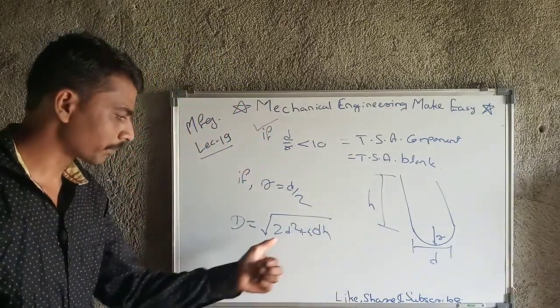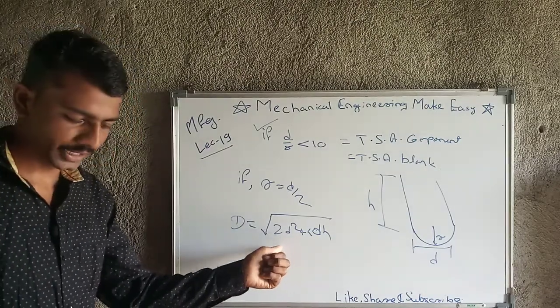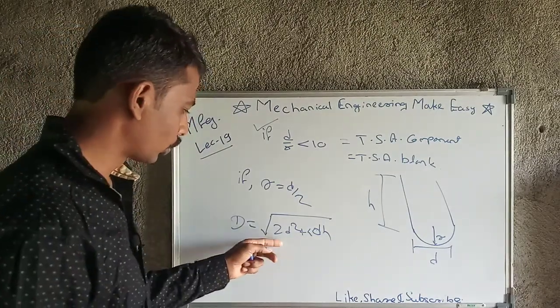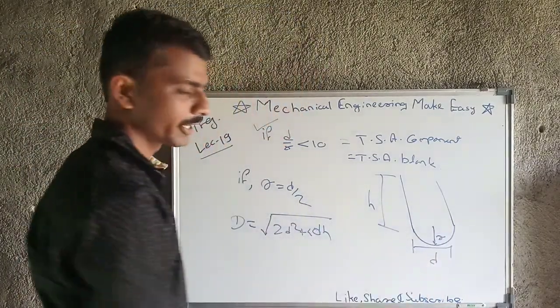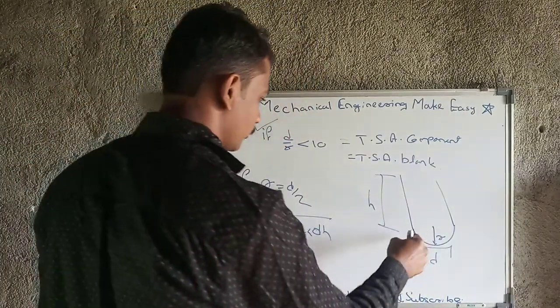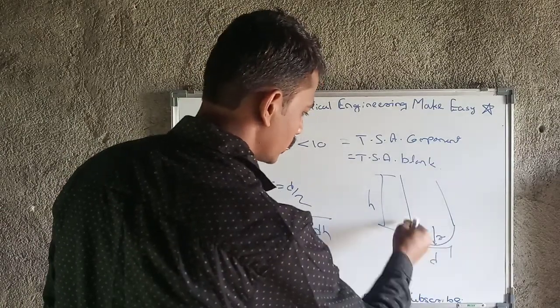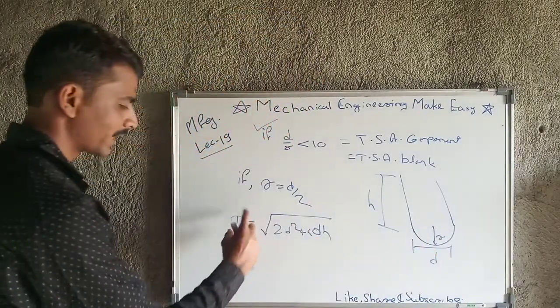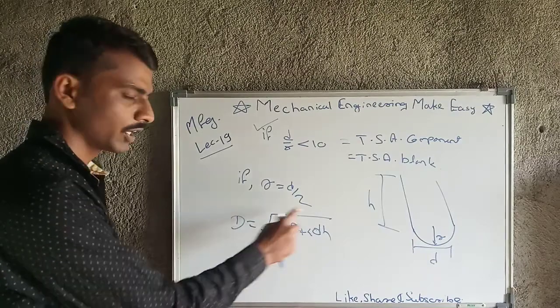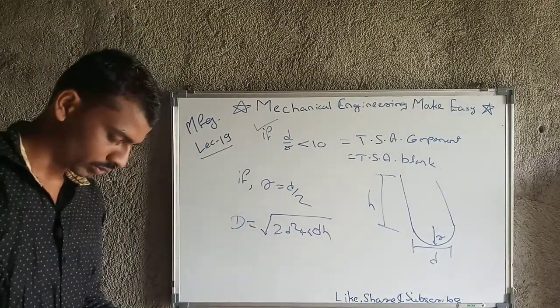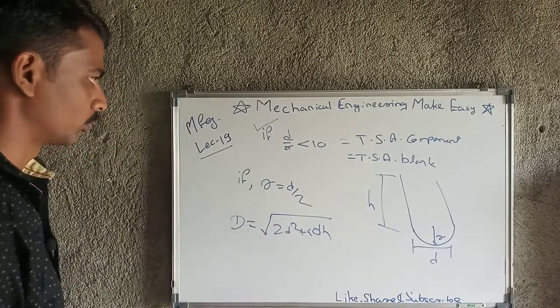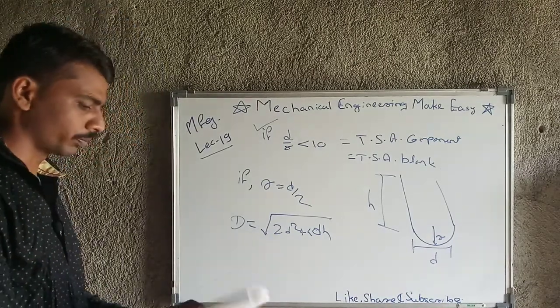What happened here is that 2 came. So note down this formula also. If r is equal to d by 2, then all this curve will be circular, and because of that the blank diameter size will be under root of 2d square plus 4dh.